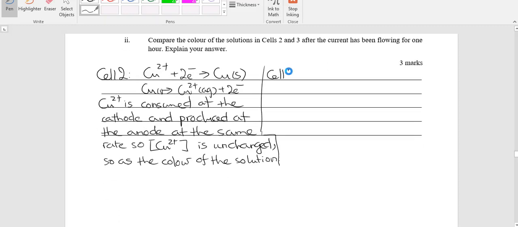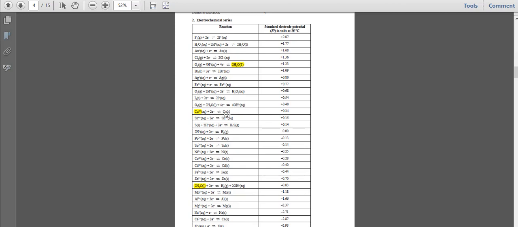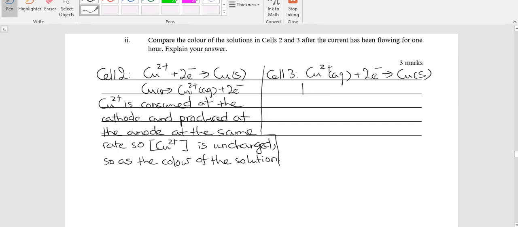So for cell 3, we have Cu2 plus and 2 electrons going to Cu at the cathode, but at the anode, because there's no copper here, the only reducing agent present is water. So water is being oxidized into oxygen, 4H plus, and 4 electrons.